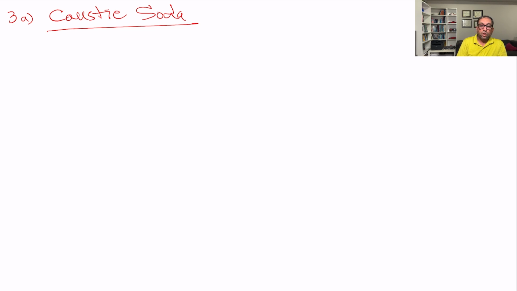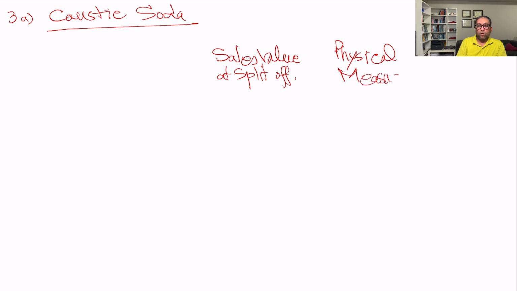For caustic soda, we have the three methods we discussed: sales value at split off, then the physical measure method, and then the estimated net NRV. So these are the three methods we are using.